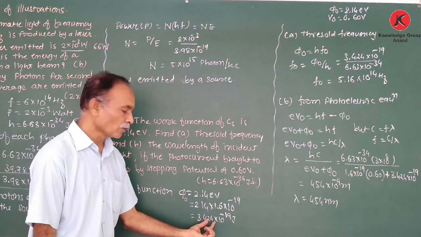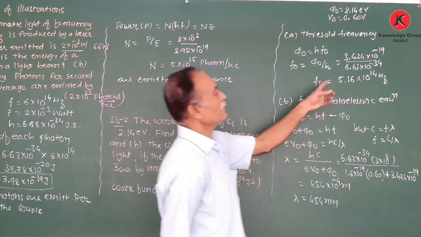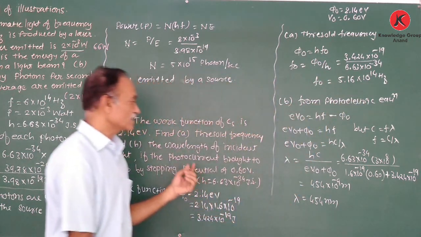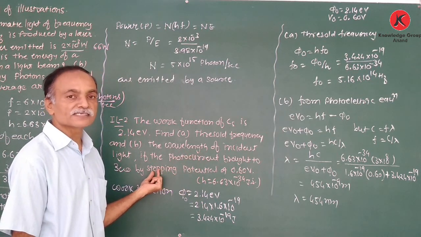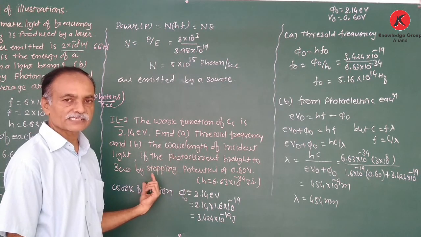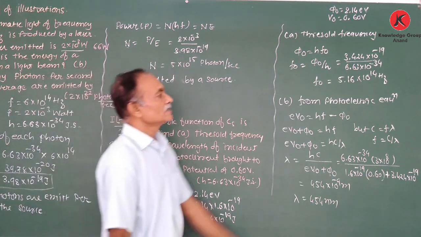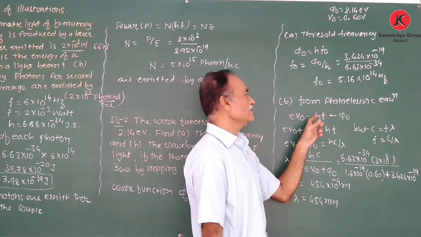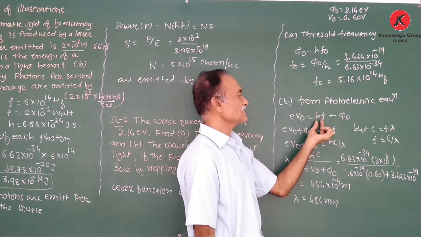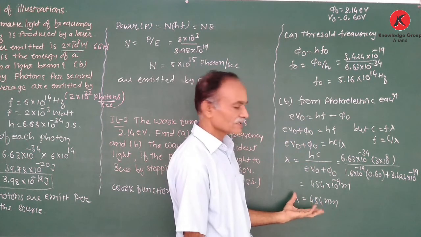Therefore, we obtain 3.424 into 10 to the power minus 19 joule. Thus, we obtain the threshold frequency. Now we also require the wavelength of the incident light if the photoelectric current is brought to zero by the stopping potential 0.60. From the photoelectric equation, e V0 is equal to h f minus phi 0. Phi 0 is already known, h is given, and e V0 is already known, so using this equation we can calculate it.